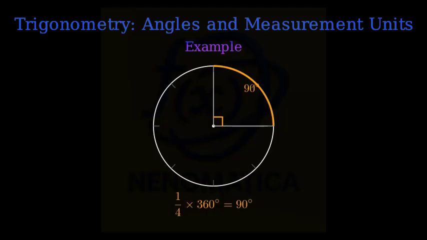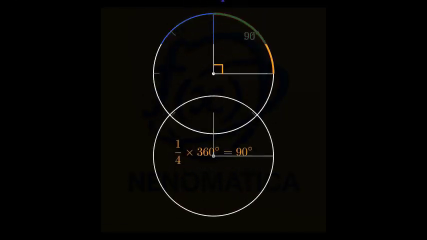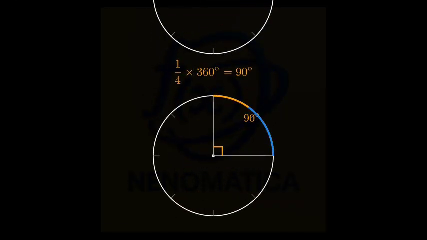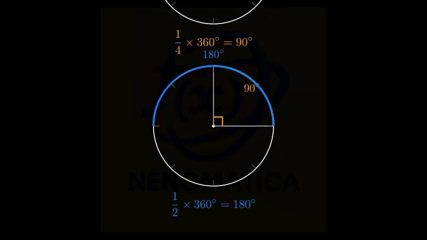Step 2. Determine the angle to traverse half a circle counterclockwise. We return to the circle diagram. The arc from 0 degrees to 180 degrees forms a straight angle, which is exactly half the circle. 1/2 times 360 degrees equals 180 degrees. Step 3. Determine the measure of a full rotation.